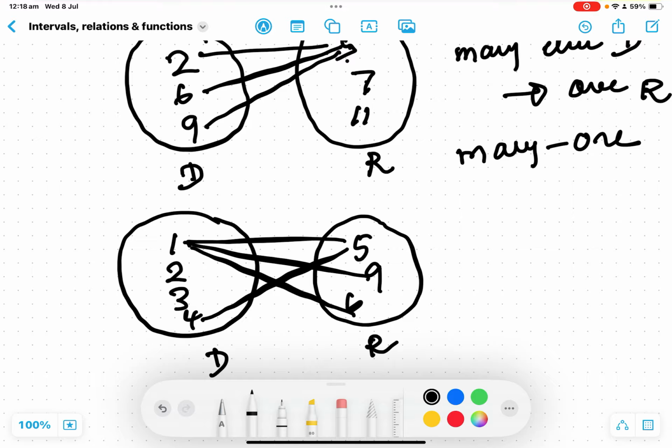And 5 can go to 4, 5 can go to 3, 2 can go to 9. So it is a combination of 1 to many, many to 1, and 1 to 1. So this is called many to many. So these are the types of relations.